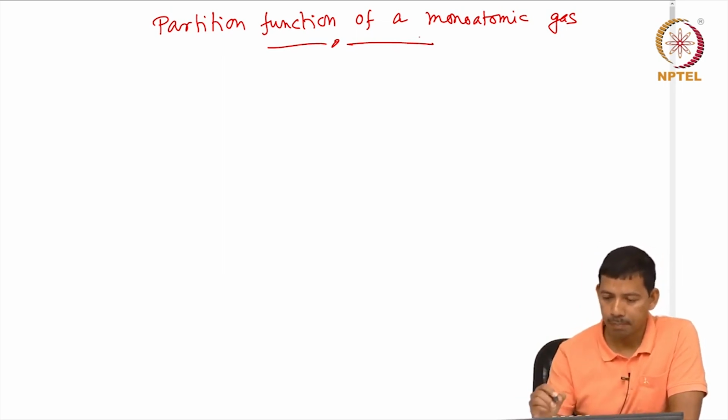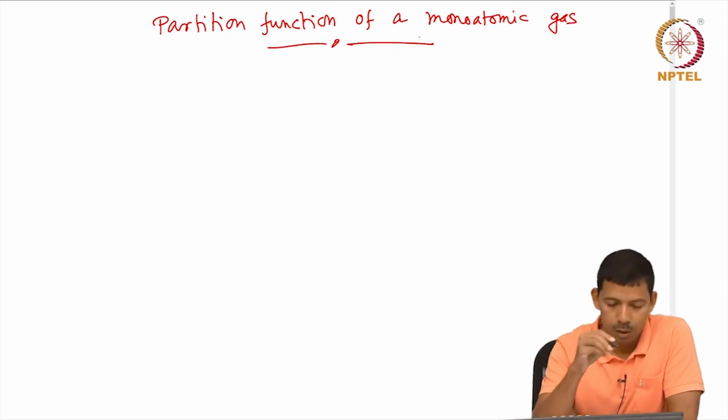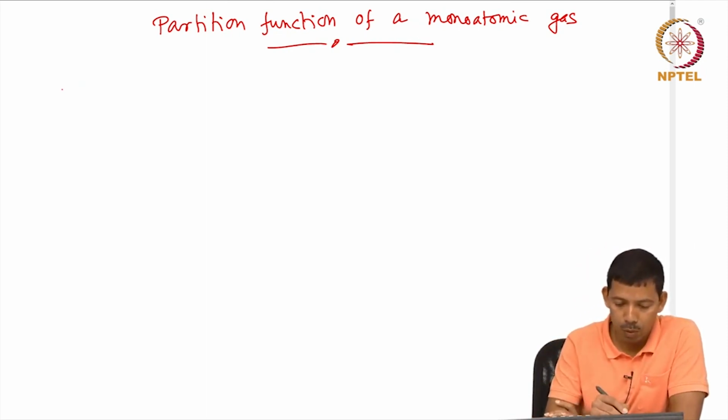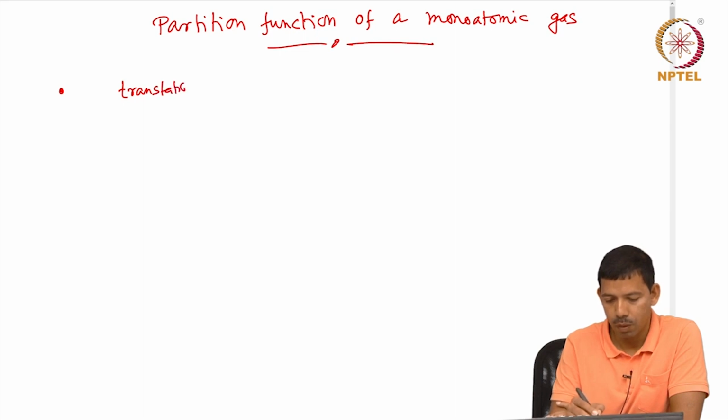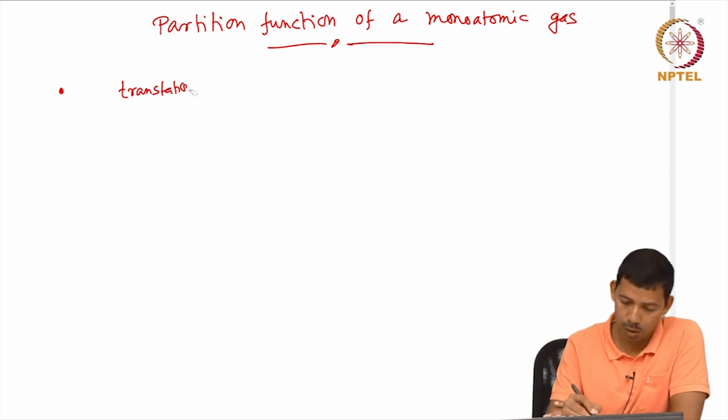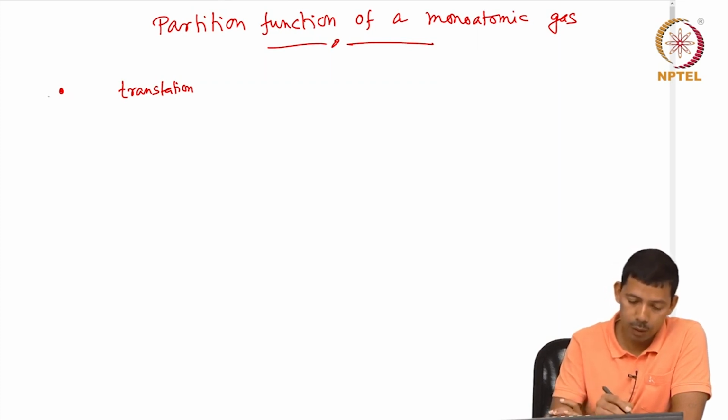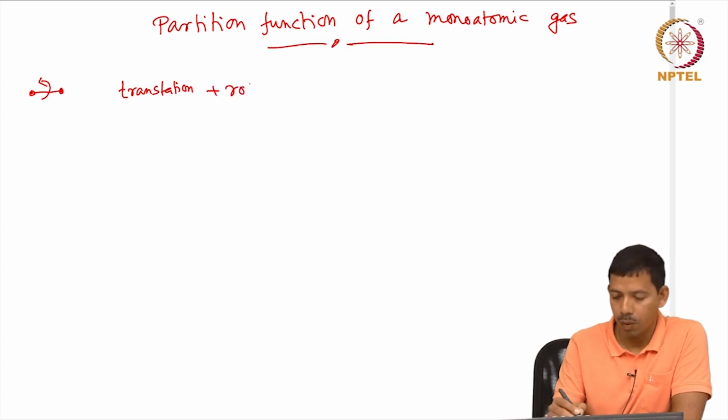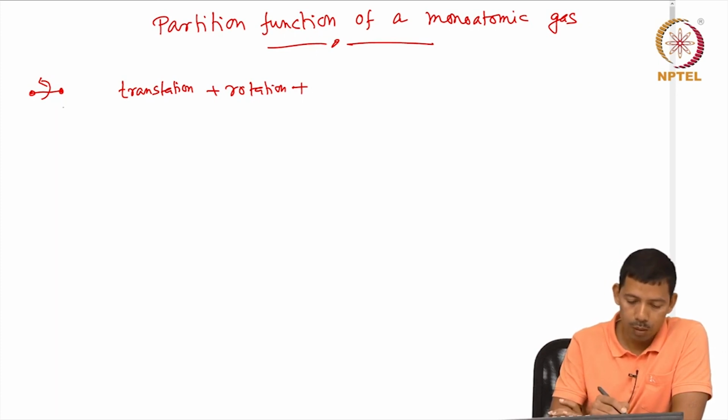When it comes to a monoatomic gas, this system has only the translational motion. If the system was a molecular system, then it would also have a rotational motion and a vibrational motion.